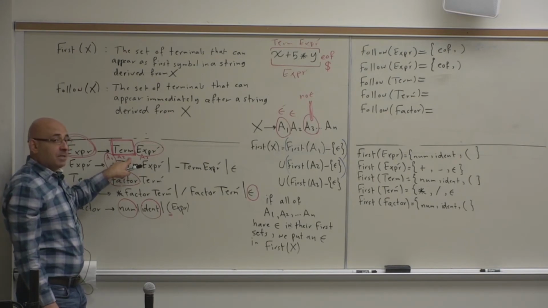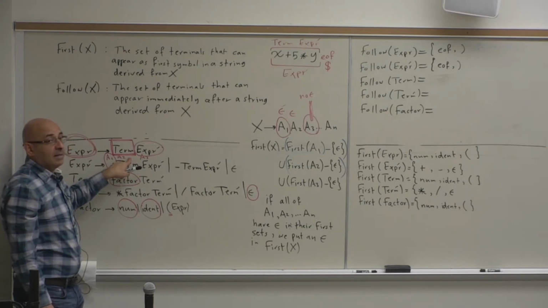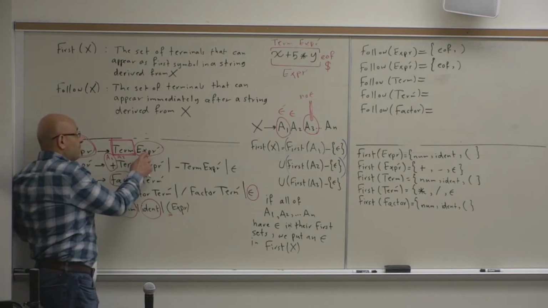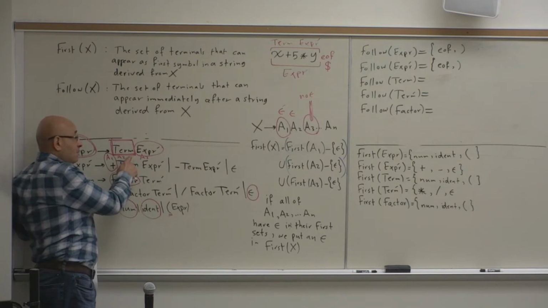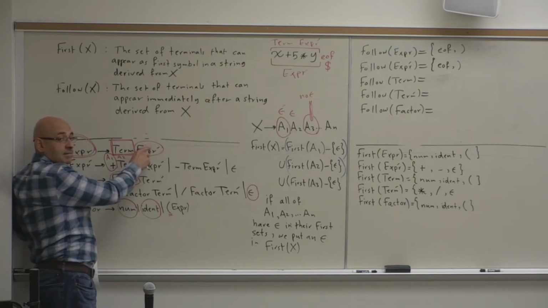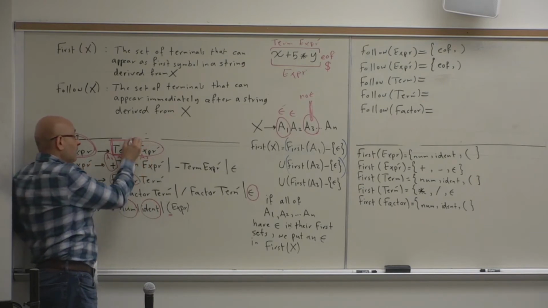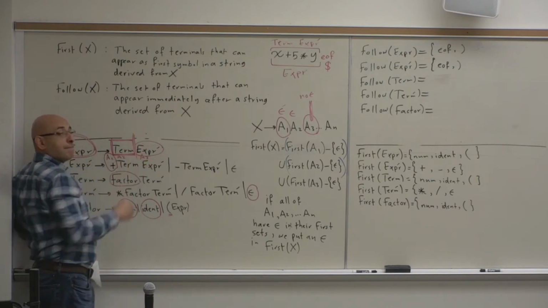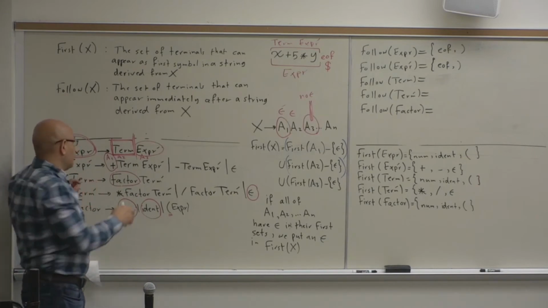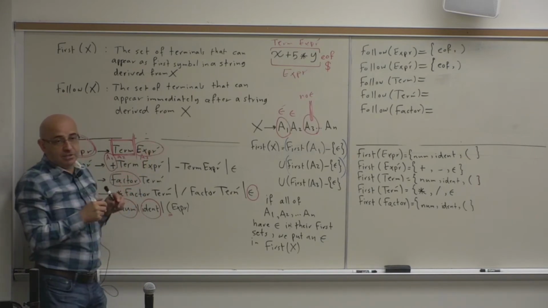Expression prime. Be more precise. What do you mean by the first set of expression prime? If an expression prime follows term, then we should put everything in the first set of expression prime into the follow set of term, because a term is followed by an expression prime.